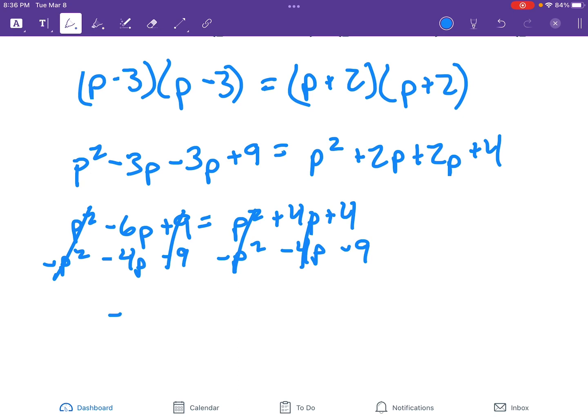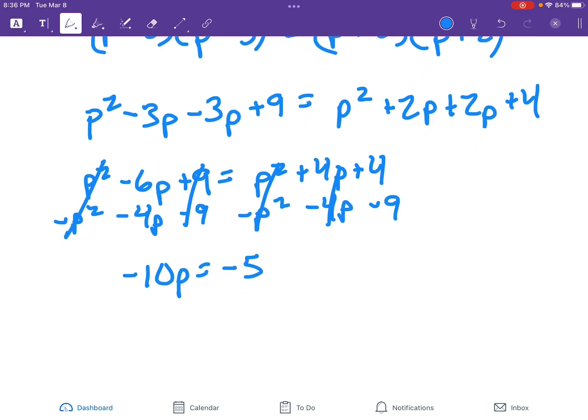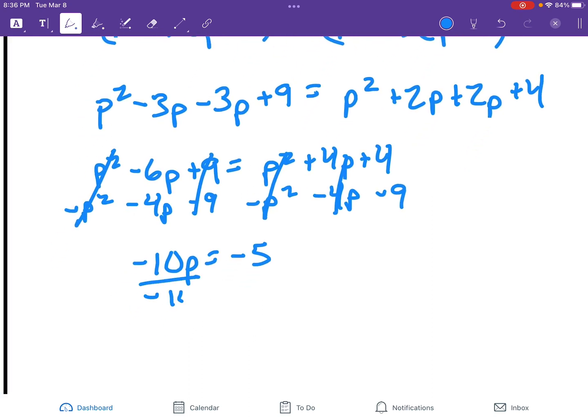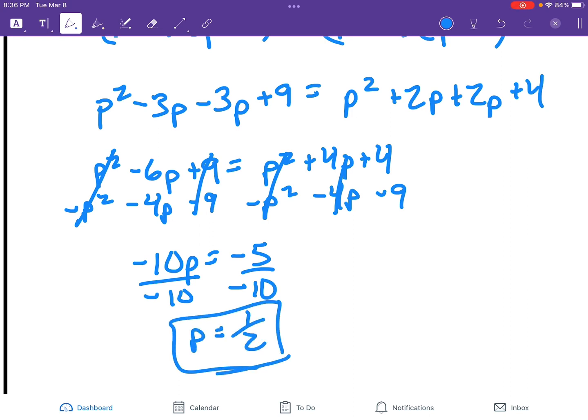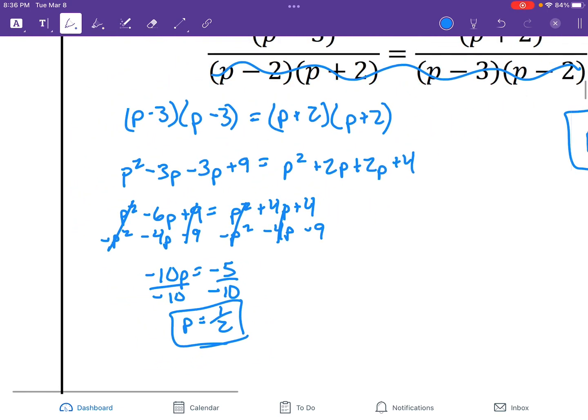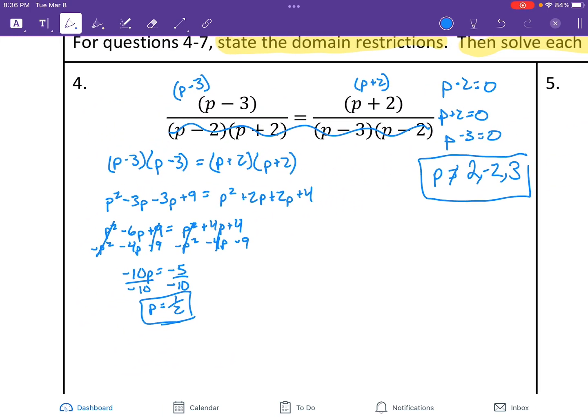Negative 6 minus 4 is negative 10p. On the other side, 4 minus 9 is going to be negative 5. And now I just solve. I divide both sides by negative 10, and p will equal positive 1/2. Since that's not one of our domain restrictions from the beginning, that works as an answer.